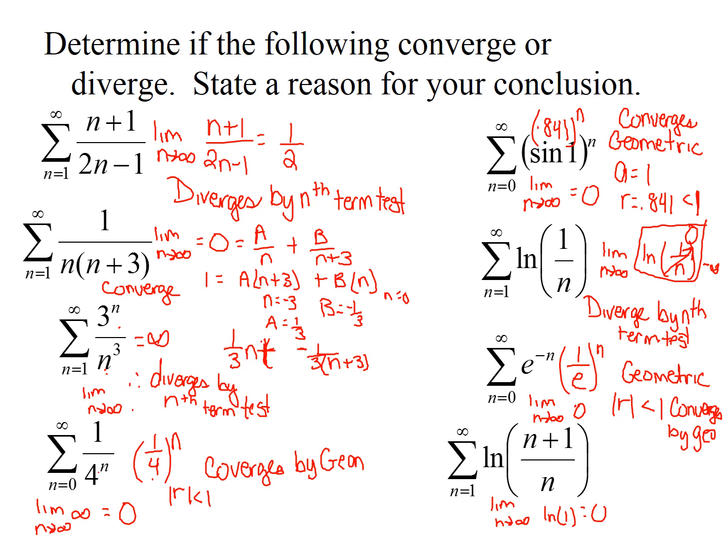It doesn't look telescopic, but if I wrote it this way, the natural log of n plus 1 minus the natural log of n, now does it look telescopic? Because when n is 1, we'll have the natural log of 2 minus the natural log of 1. Then we'll have the natural log of 3 minus the natural log of 2, and we can see that it's going to begin to collapse.